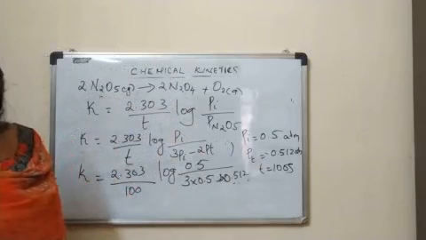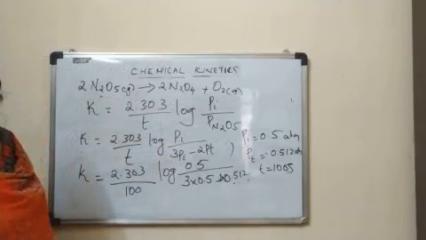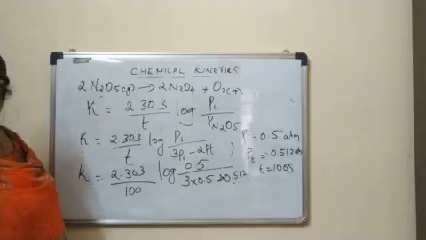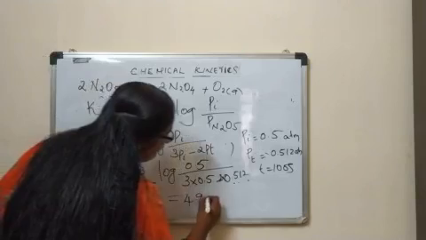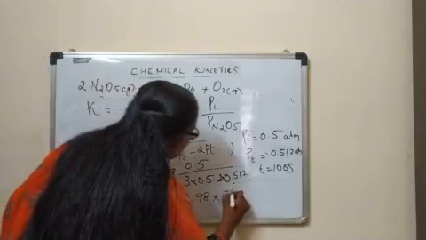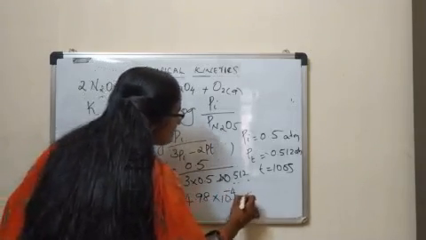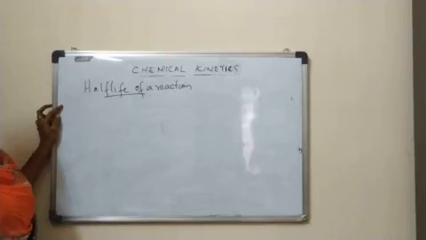After solving this we will get the final result as 4.98 into 10 to the power of minus 4. Since it's a first order reaction, the unit is per second.